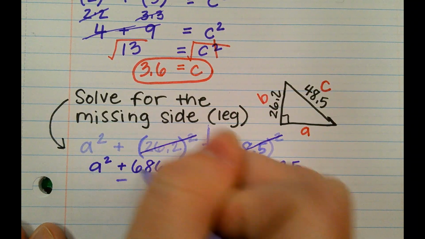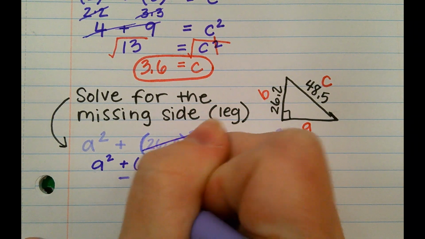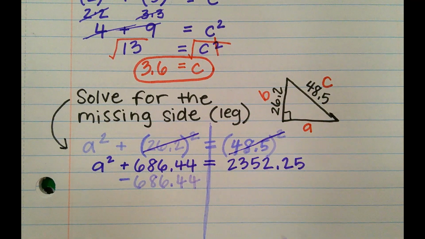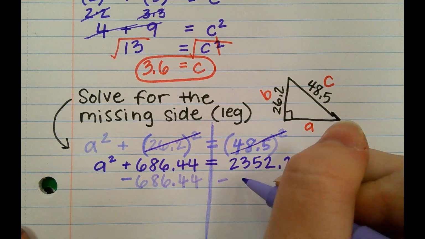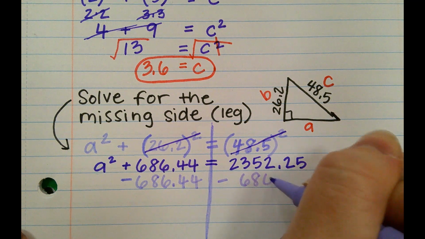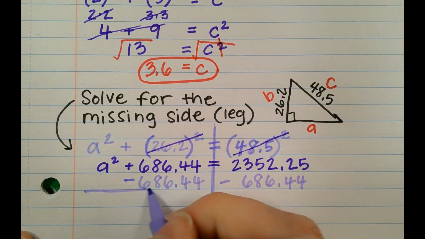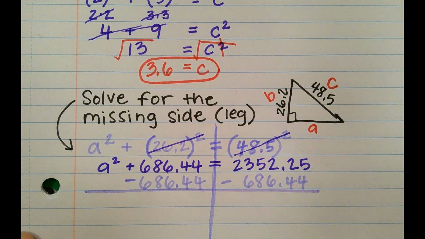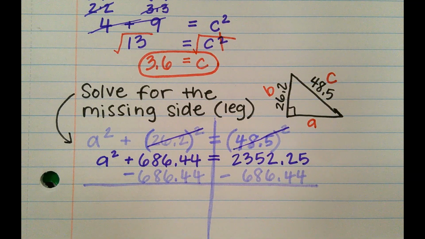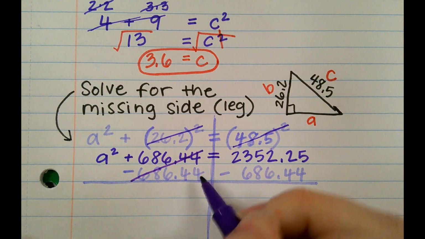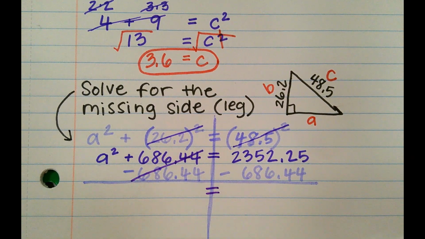We'll subtract 686.44 to get rid of it and bring it to the other side. So minus 686.44. And on this side, I know they cancel. Down my equal.